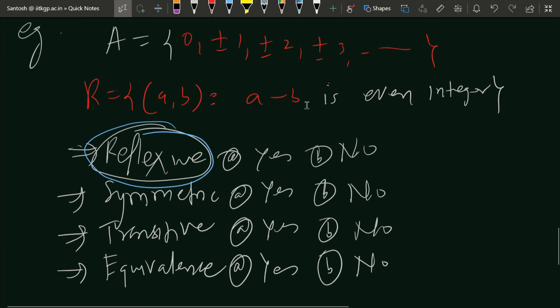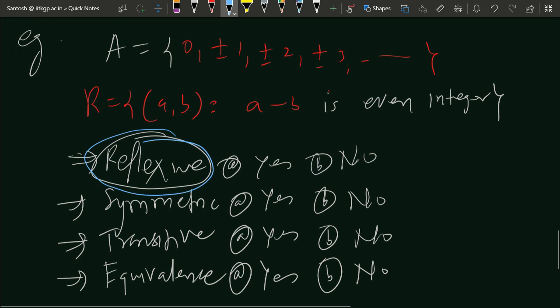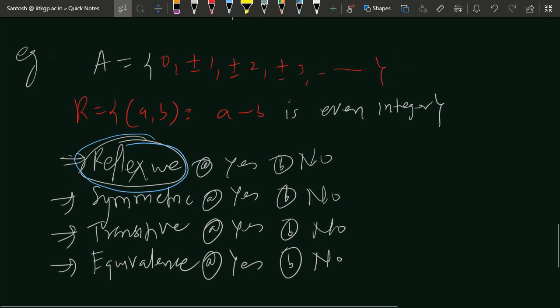Okay, first check it. Quickly check it. Is it reflexive? Yes or no? Yes, it is reflexive. So how did you get that? By taking examples, or in general you can also say.